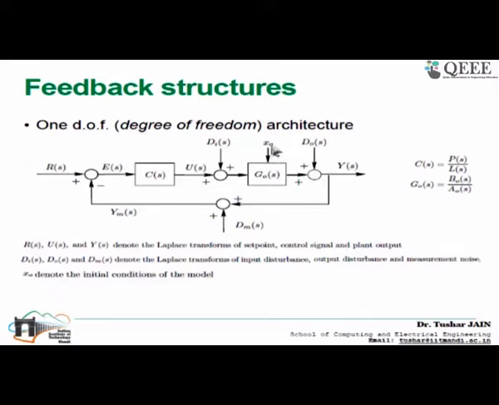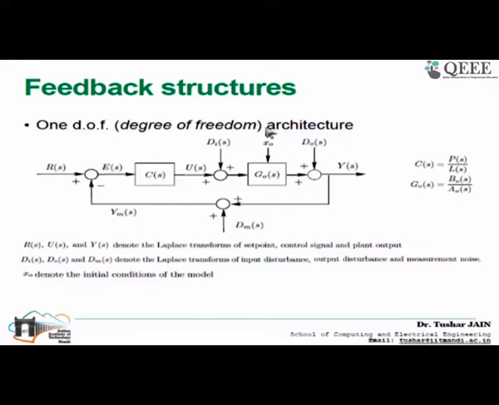And this X naught you can visualize as the initial state of the plant. Meaning to say, if your G naught includes any integrators, these are the initial values for those integrators, X naught, which you could define as some function.